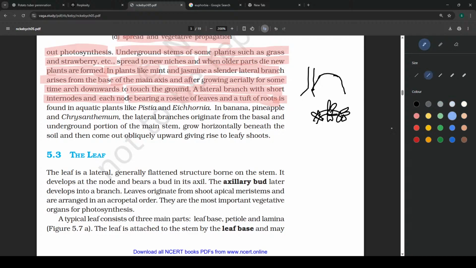These are internodes, and these are nodes.